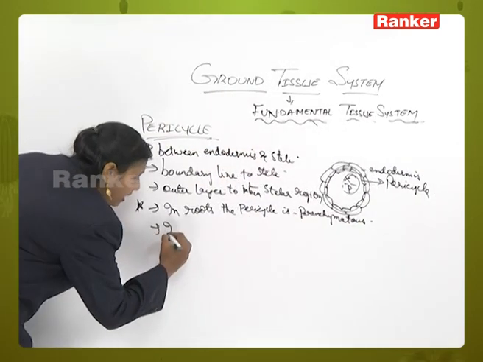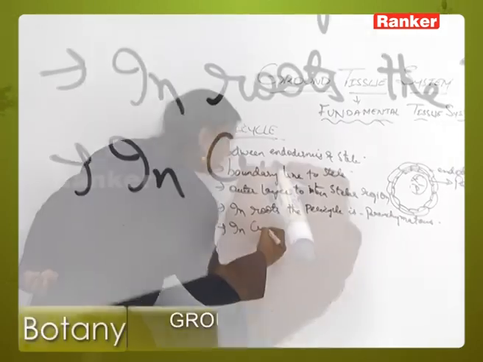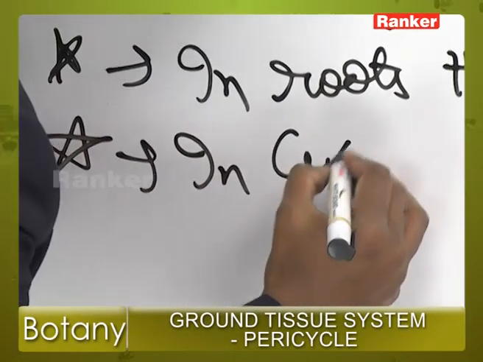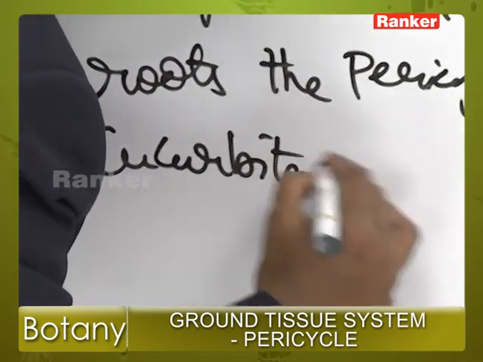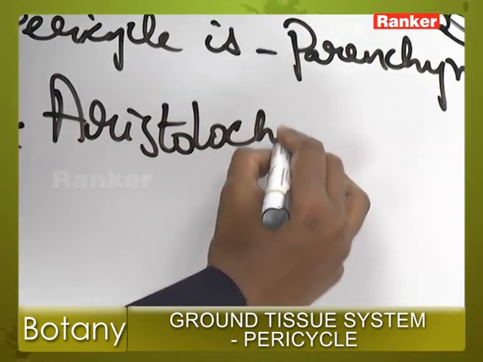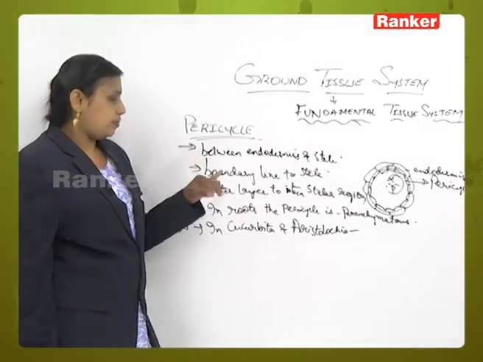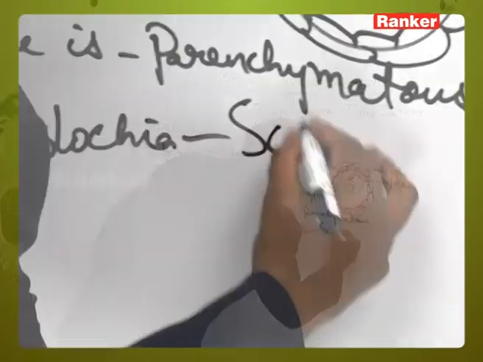While in Cucurbita and Aristolochia, this is very important, the pericycle is sclerenchymatous.